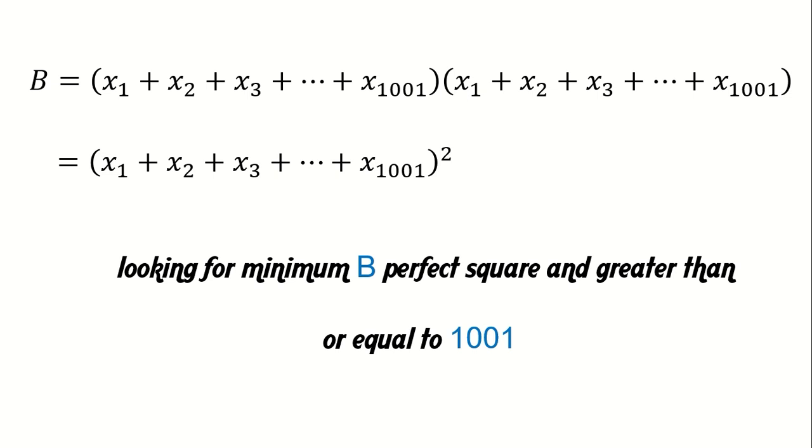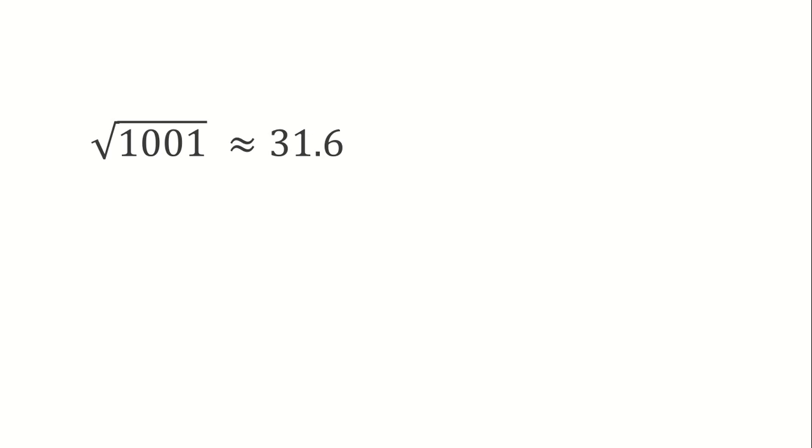So by taking the square root of 1001, we get a number approximately 31.6. But we need an integer, so b would be 32 to the power of 2. But we know that b is equal to the expression by itself.